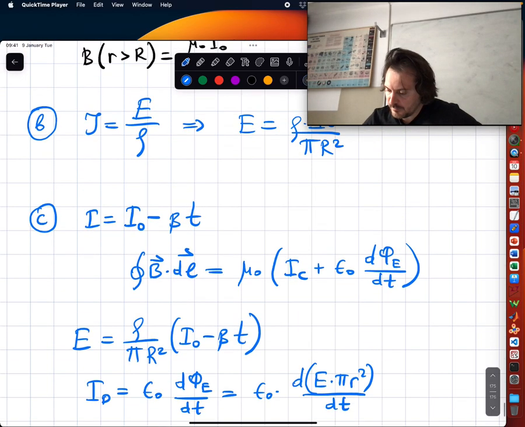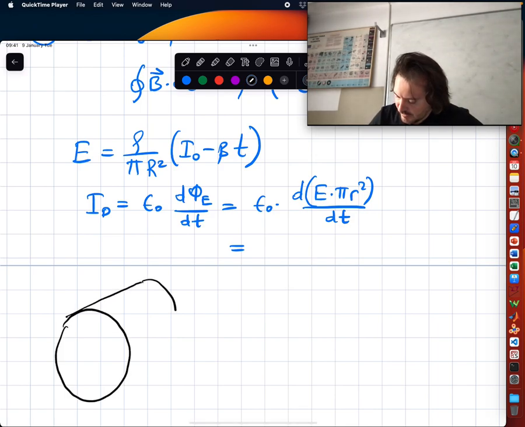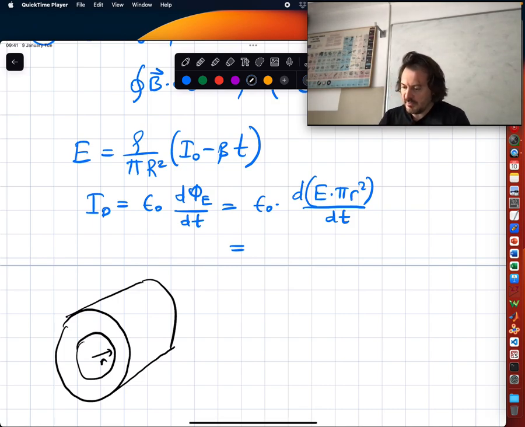Let me just explain it to you. So I take the Ampere's loop somewhere here at a distance r. For this r, the phi e is E times pi r squared, right? And it's changing with time.